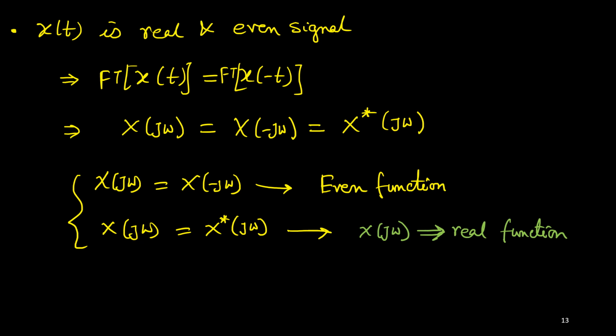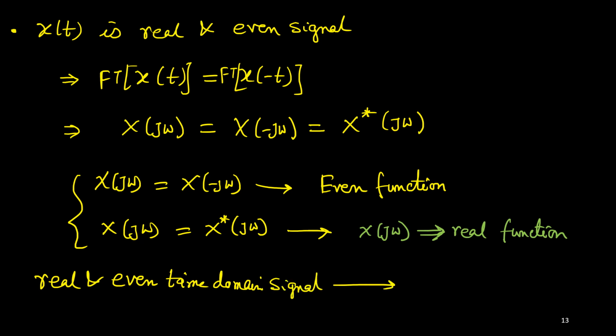So if I combine these two, then we can say that for a real and even time domain signal, its spectrum, its Fourier transform, will be the same type only.